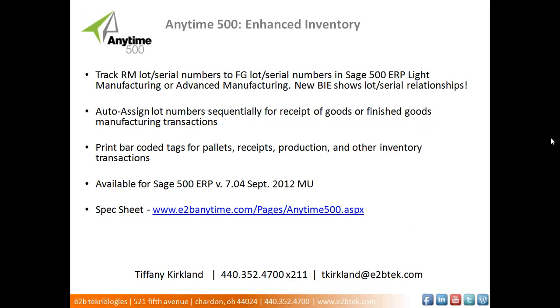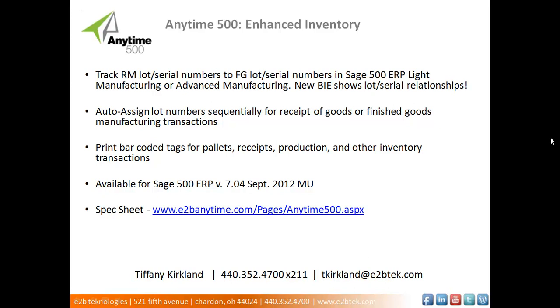So we're going to wrap up and summarize here. Anytime 500 Enhanced Inventory was designed so you can track your raw material lot or serial tracked items to the respective finished good lot or serial numbers that you're producing, whether it's out of the Sage 500 ERP Light Manufacturing or Advanced Manufacturing module. We also have that new BIE view that we showed that gives you all that information.